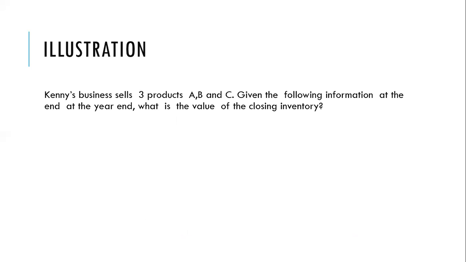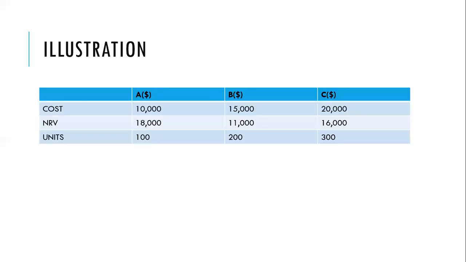Kenny's business sells 3 products, A, B, and C. Given the following information at the year end, what is the value of the closing inventory? So we have the products A, B, and C with cost and net realizable value and units. Remember, we said always, when you compare cost and net realizable value, always go for the lower. For example, for product A, we have to pick $10,000 because it's lower than the net realizable value.